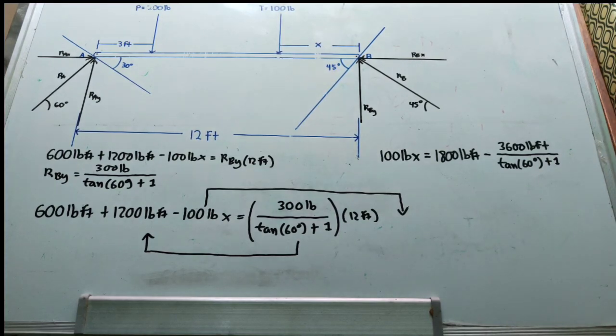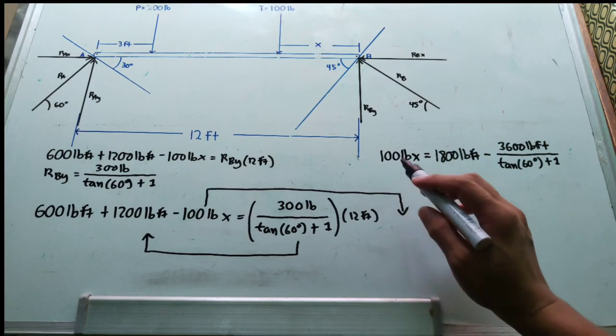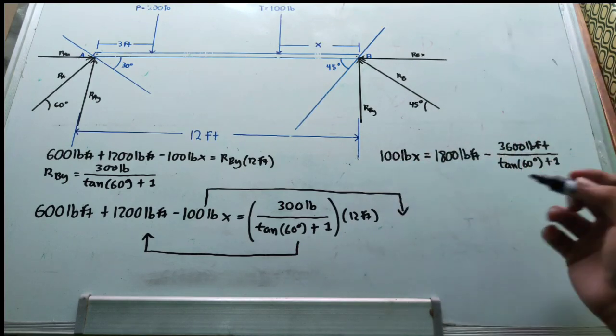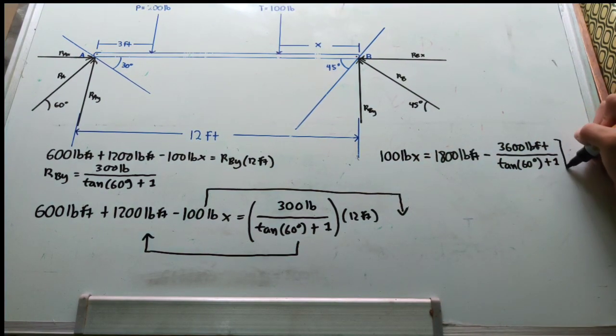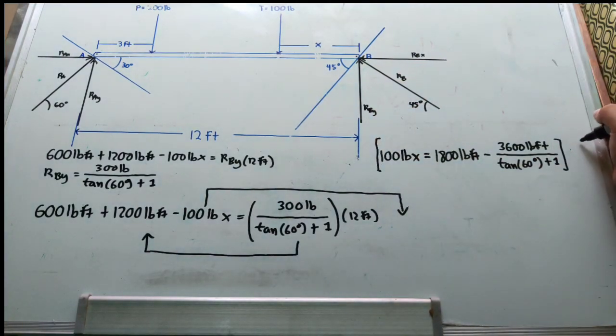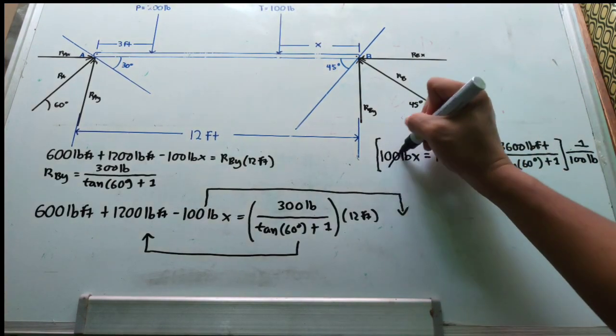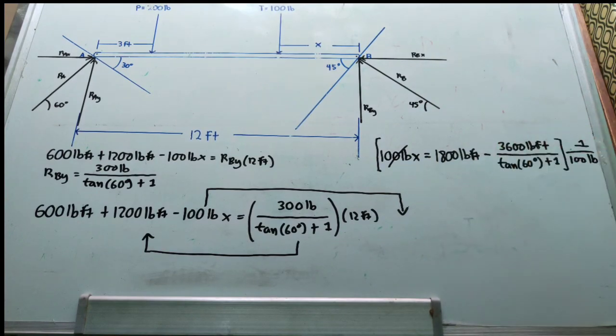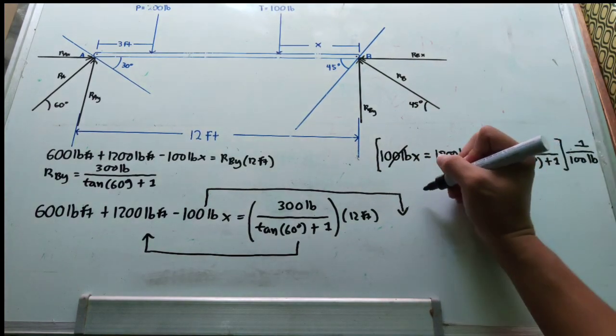The next thing we need to do is to multiply both sides by 1 over 100 pounds, cancelling and making x the only thing left on the other side.